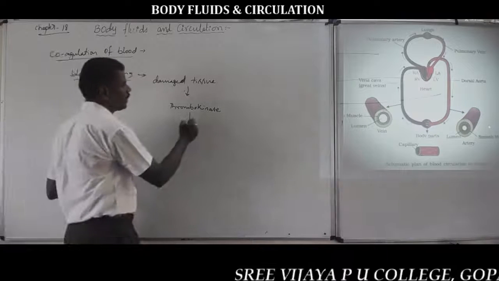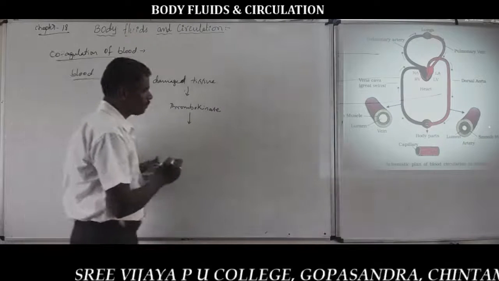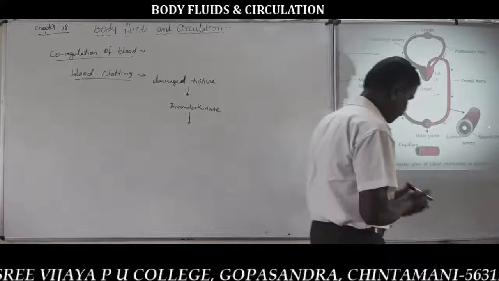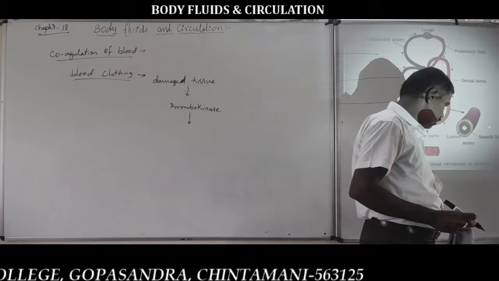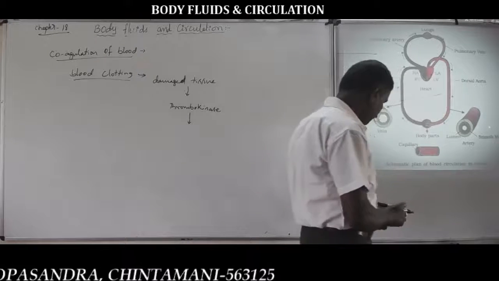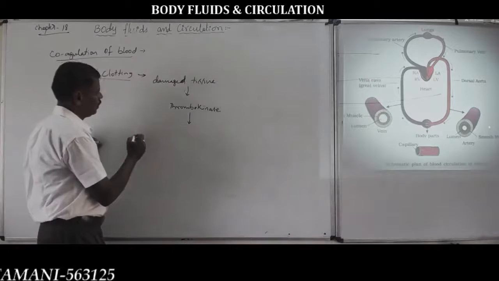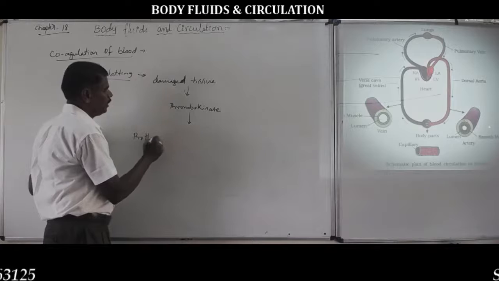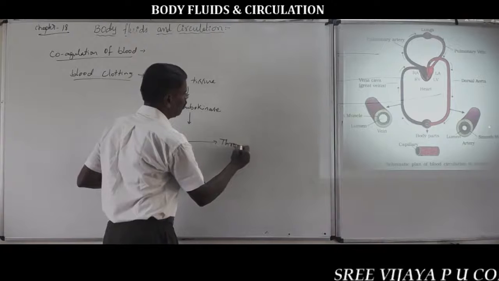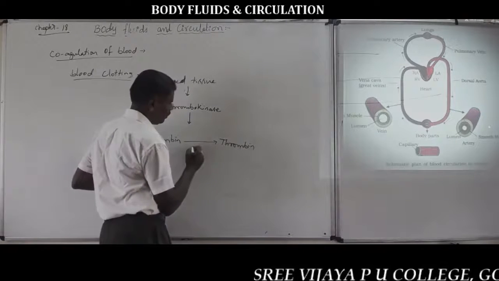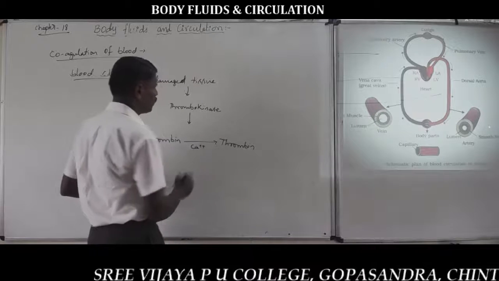This thrombokinase helps prothrombin to be converted into thrombin; calcium ions also help.